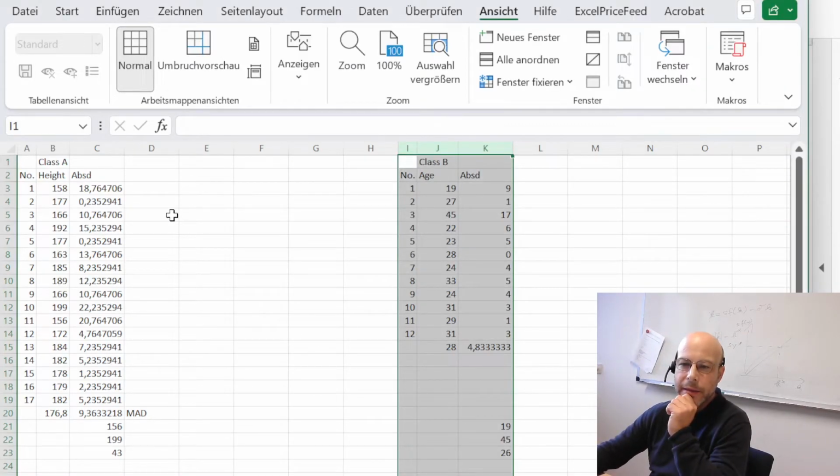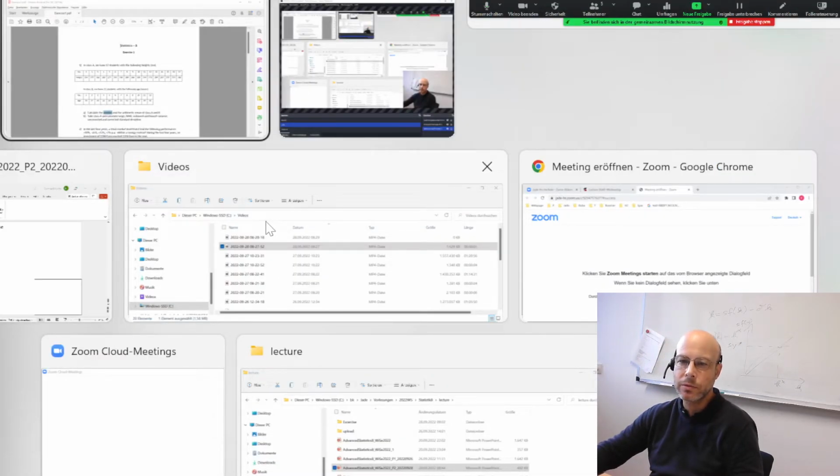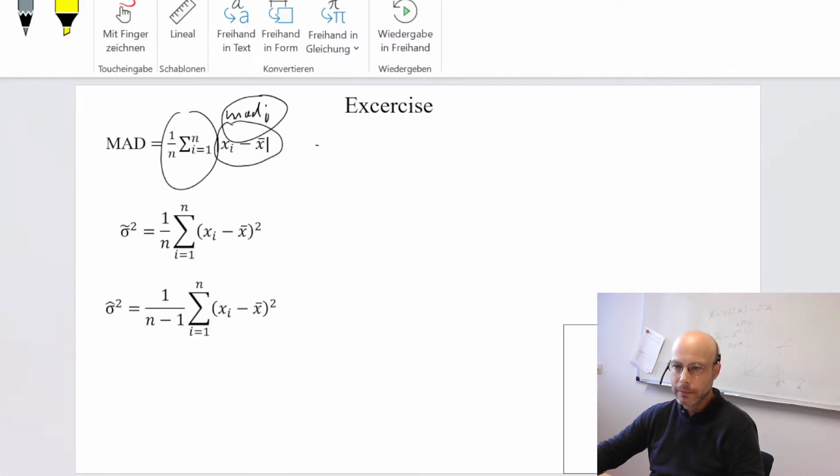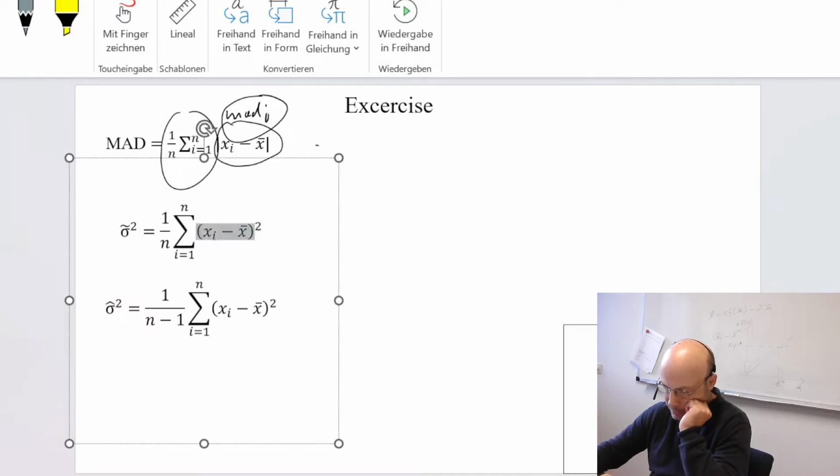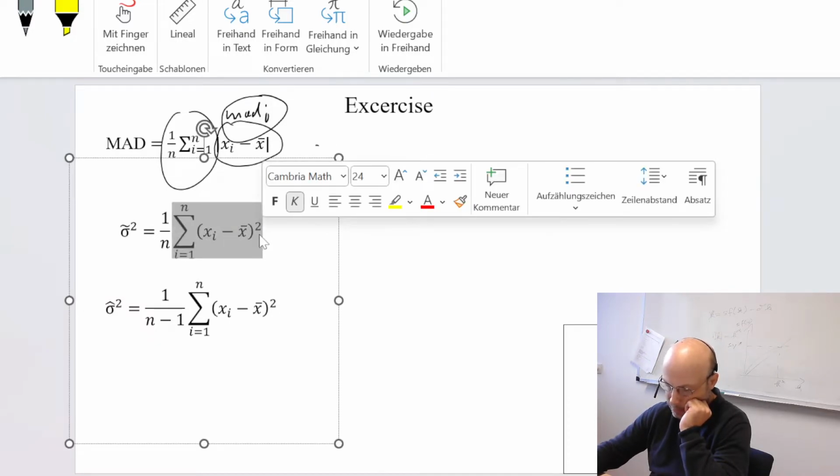Well, I think in this case we could go a bit faster. Let's go again to the formula. There it is. So in this case, we just have to calculate the mean absolute quadratic deviation.